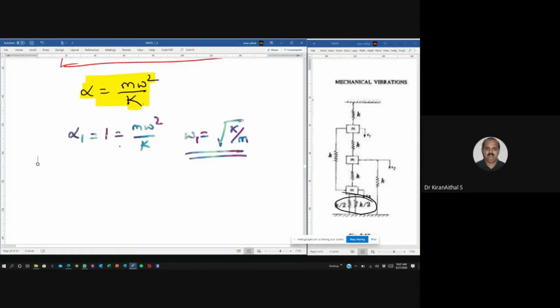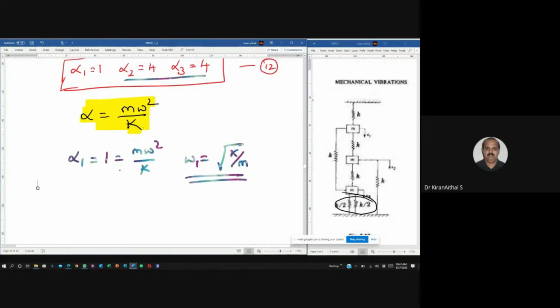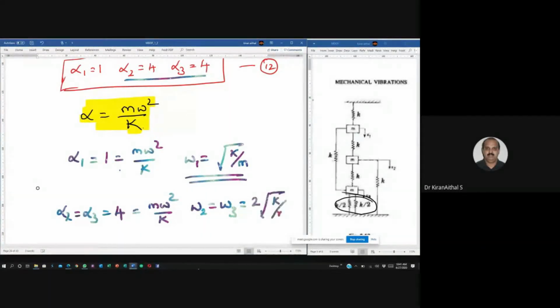Then let's go back. What have I got here? Alpha 2 is equal to 4, alpha 3 is equal to 4. That means alpha 2 is equal to alpha 3 is equal to 4, which is equal to m omega square by k, right? Therefore omega 2 is equal to omega 3 is equal to 2 root k by m.